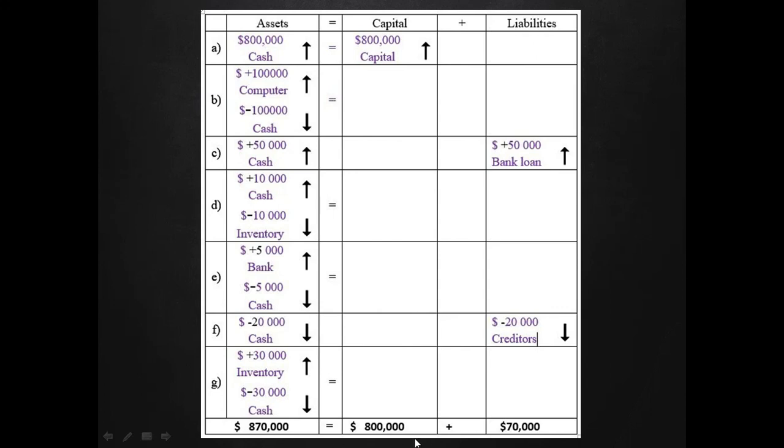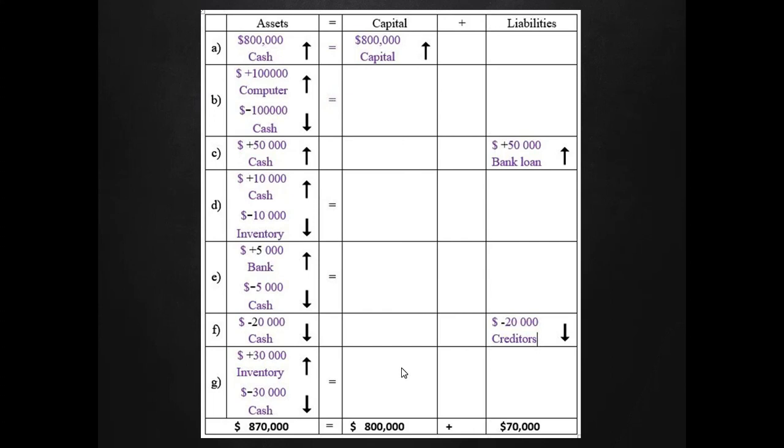You can see the accounting equation is balancing at assets of $870,000, and when you add capital and liabilities together, it will also come to $870,000. If it does not balance, that means there's a mistake in your recording. So you have to check the recordings again.